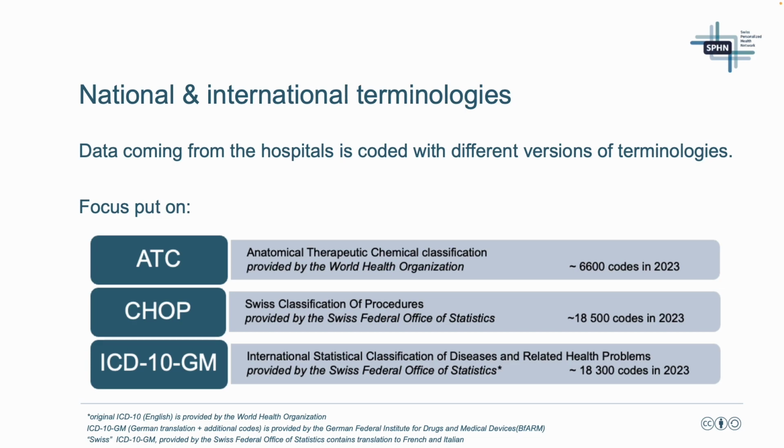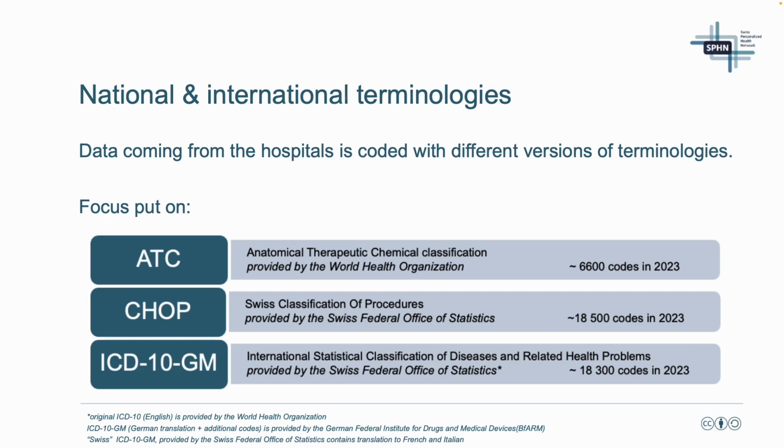A short note on ICD-10-GM though. Originally, ICD-10 has been created in English and provided by the WHO. Then, the German Federal Institute for Drugs and Medical Devices, the BfArM, created, based on the ICD-10, the ICD-10-GM version, which is the German translation of these English codes, which also contained additional codes.